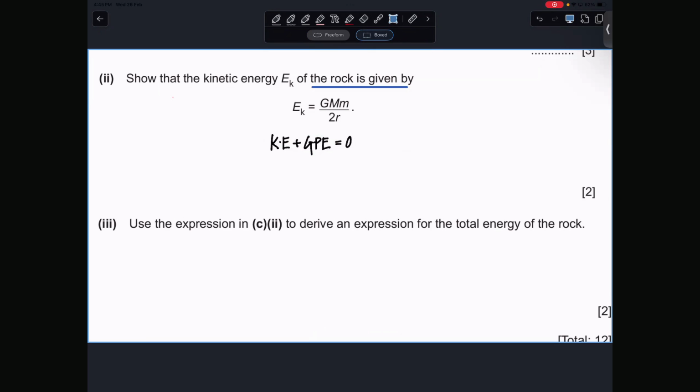Do you understand that? Then you can say that GP is negative because we are assuming it has been lost, right? So if it's negative here, if you take it to the other side, you can write K equals GP. K is going to be half mv square. What will GP be? GMm by r. r or r square? r. No, GMm by r square is your force, right. Actually, sorry, there is no need to cancel this. So we have GMm by r.